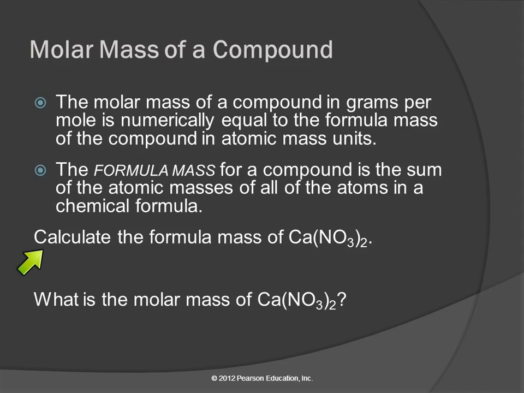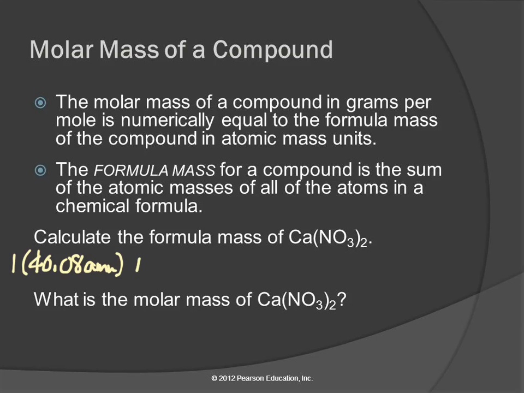So calculate the formula mass of calcium nitrate. Formula mass is the mass of the formula. That's going to be in atomic mass units. So we look at this formula and we identify how many atoms of each element are in there. There's 1 calcium, and it weighs 40.08 atomic mass units.